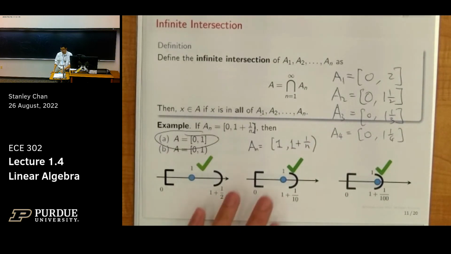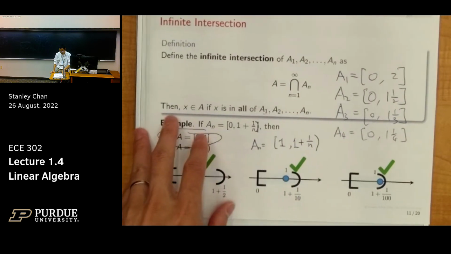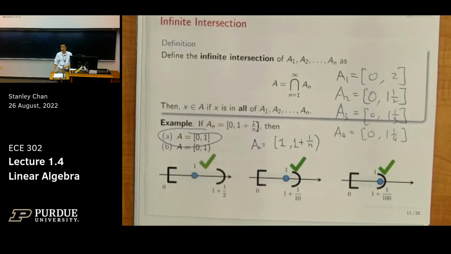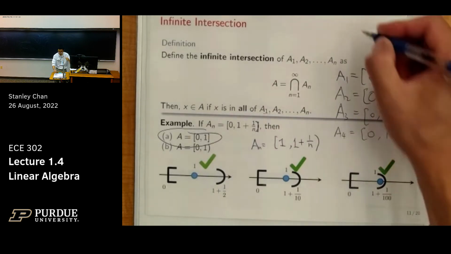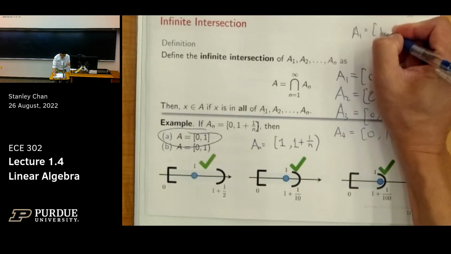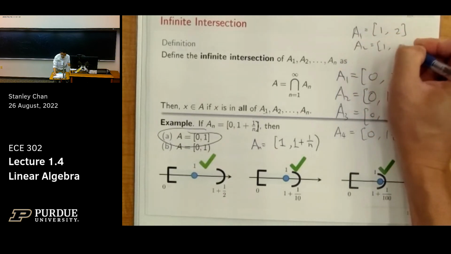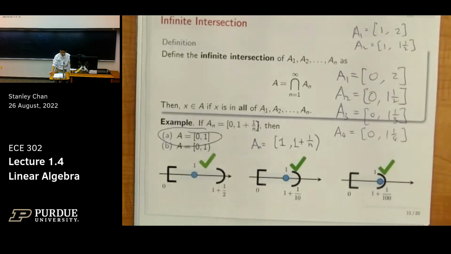Okay, open. So we ask, does the infinite intersection include this magical number 1? Does it include the magical number 1? Right? So I use A1. A1 is 1 and 2. A2 is 1 and 1 1/2.